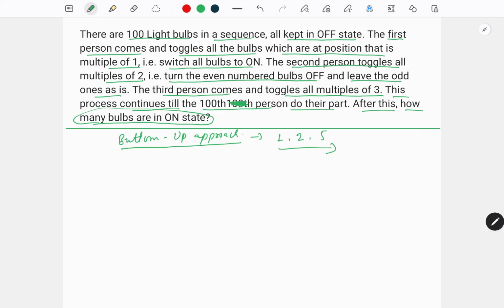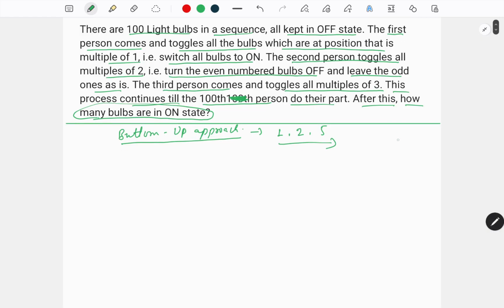Let's start with one light bulb. We would have one switch. Person 1 would come, and initially it was off. Person 1 toggles the switch, light bulb L1 turns on, and only one bulb is on.